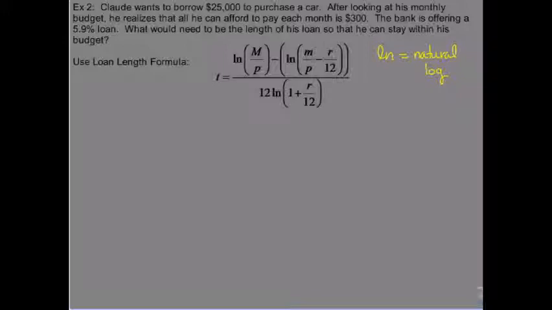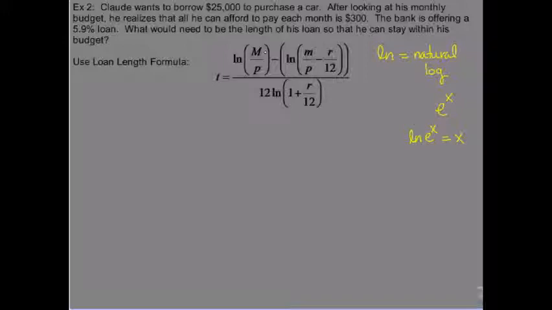E is the base of the natural log. When we talk about the base, that's the number on the bottom. So if you have e to the x, e is the base. If I take the natural log of e to the x, I'll get x. They undo each other. That's all you really need to know for that.